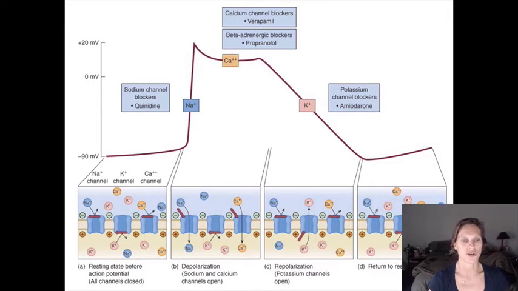When you look at this picture, you see it's a little bit different. The main reason for this is one of the reasons why the electrical system of the heart is so unique: we have an additional channel, and that additional channel is a calcium channel. And we don't need to be externally stimulated, if you will.